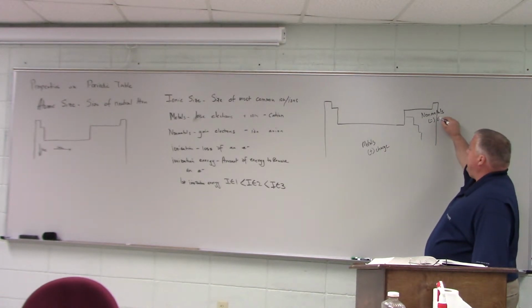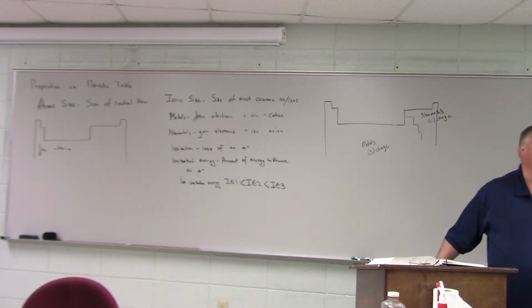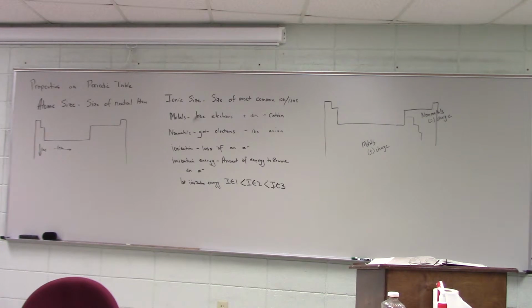Non-metals generally want to have a negative charge. So if we have a positive charge, what happens? We do what? Lose electrons. If we've got a negative charge, what do? We gain electrons, right? So if we gain electrons, we get larger in size. Do you not agree? And if we lose electrons, we get smaller in size.